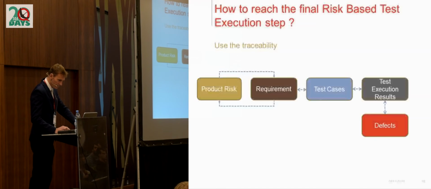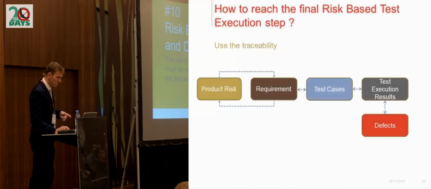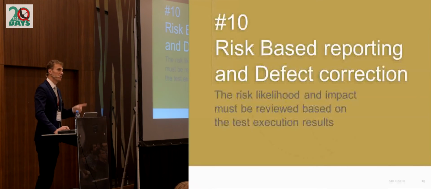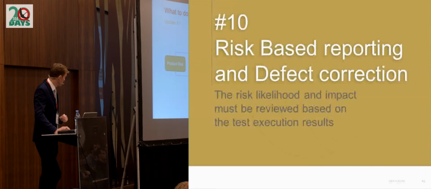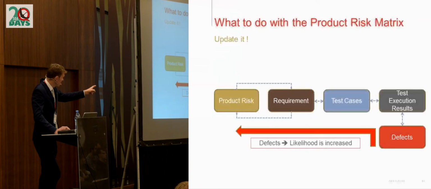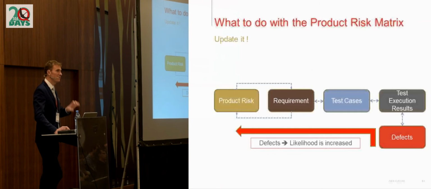So it's what I'm going to show you right now. Thanks to the RBT approach, during test execution, you will have the possibility to provide different reports. Let's imagine some of the test cases fail. In that case, you will be able to identify the corresponding risks. And if the test cases associated to a specific risk mainly fail, you will increase the likelihood of the risk. And then you will put more and more effort on the risk.